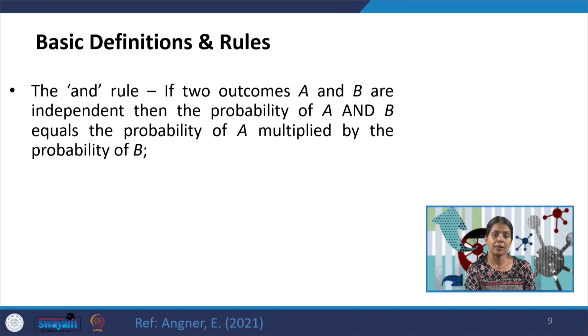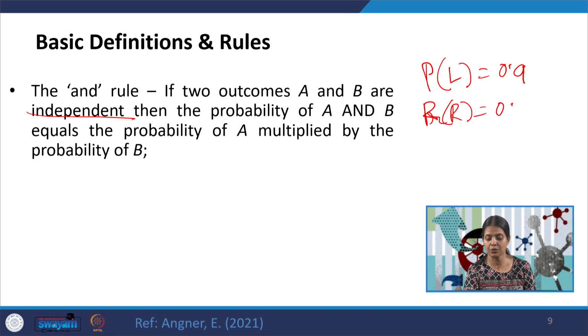Now, we apply the AND rule to independent events. If two outcomes A and B are independent, then the probability of A and B equals the probability of A multiplied by the probability of B. So, if I take my rain and lunch example, I said that the probability that I am going to have lunch is 0.9 and the probability that it is going to rain is 0.2.